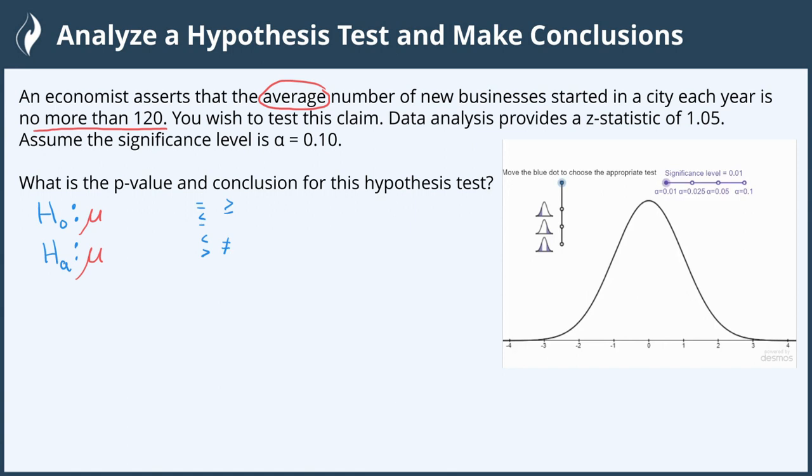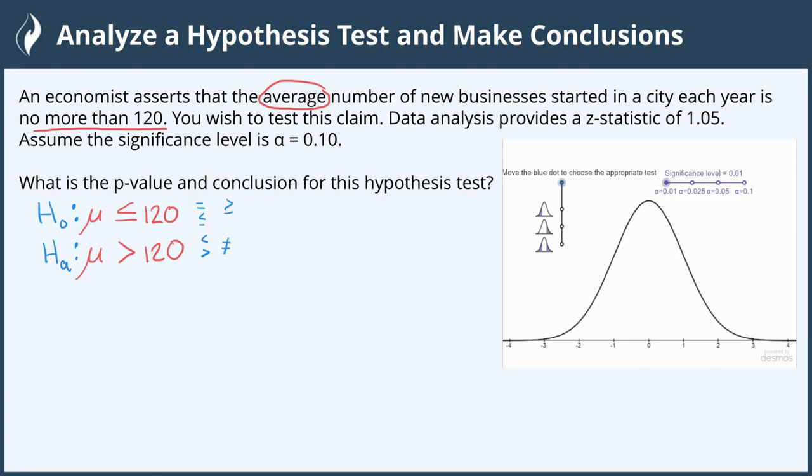And so this means that it will be less than or equal to 120. Because the null hypothesis needs to have the or equal to, this makes this statement the null hypothesis. And the opposite will be our alternative. So we are going to test the claim that it is greater than 120 businesses.